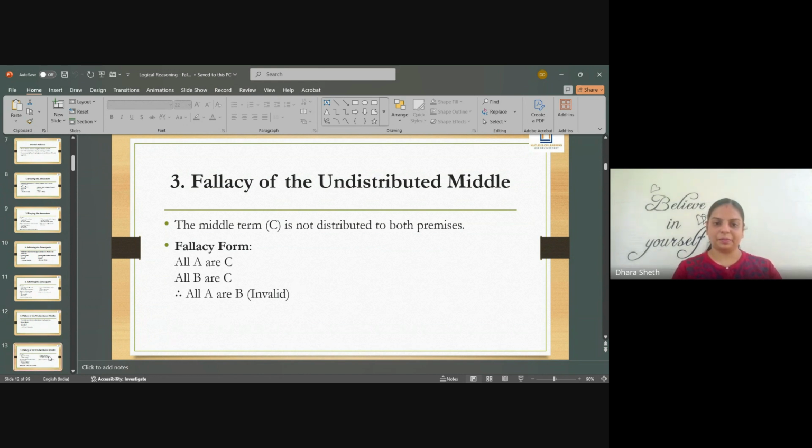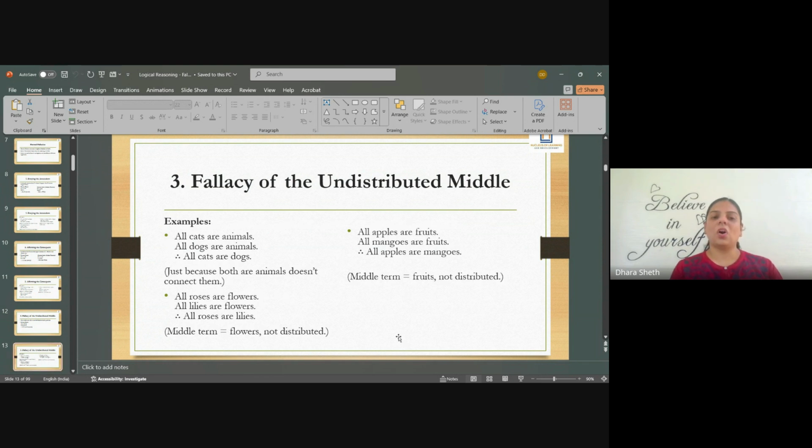Okay. For example, all cats are animals. All dogs are animals. Therefore, all cats are dogs. It will not be true because animals, which is the middle term, is not distributed in any of the premises. All apples are fruits. All mangoes are fruits. So all apples are mangoes.